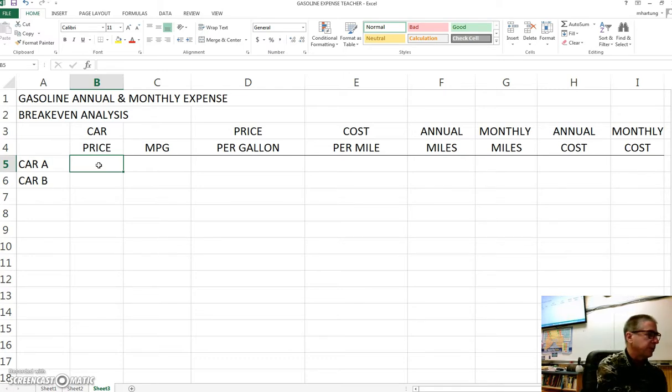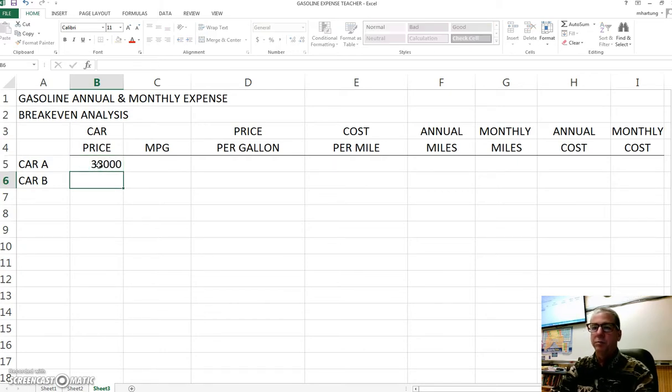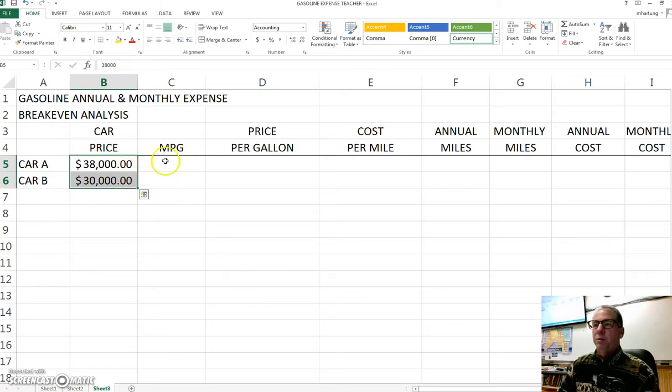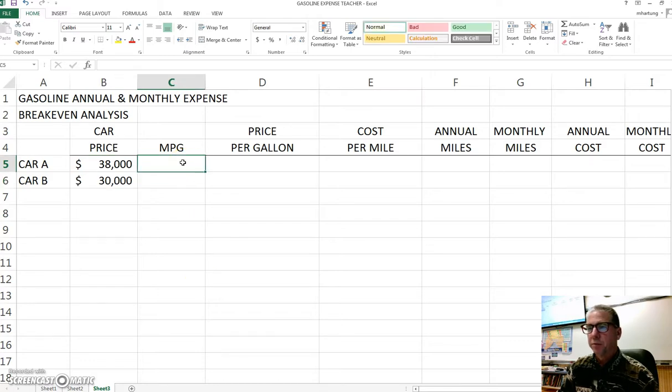Car B is going to be $30,000. Go ahead and format that with dollar signs. Don't need to have all those decimal places. We can reduce that to something like that.